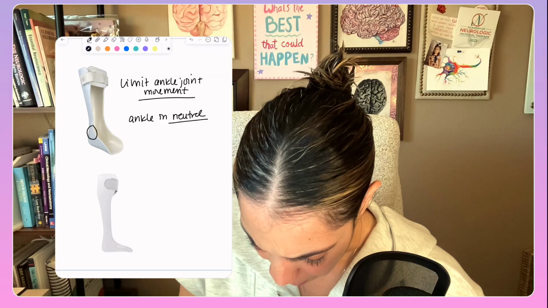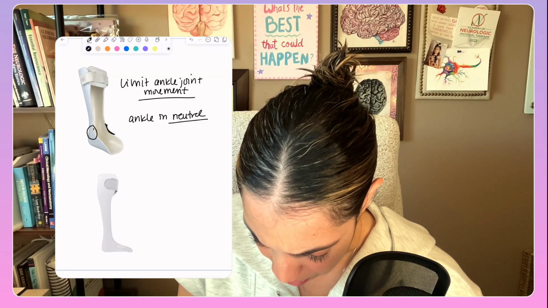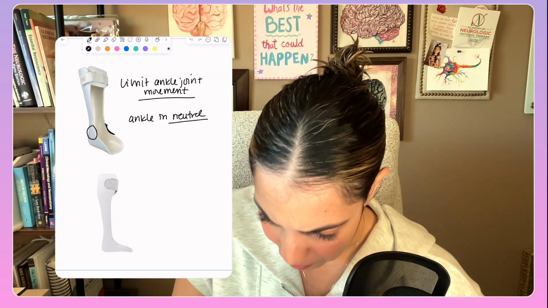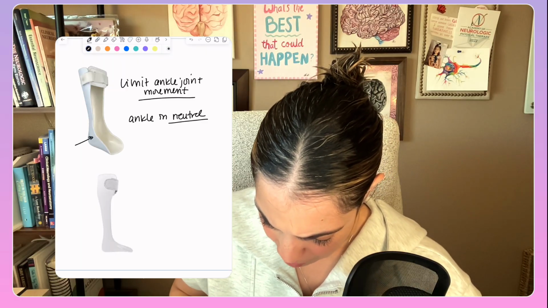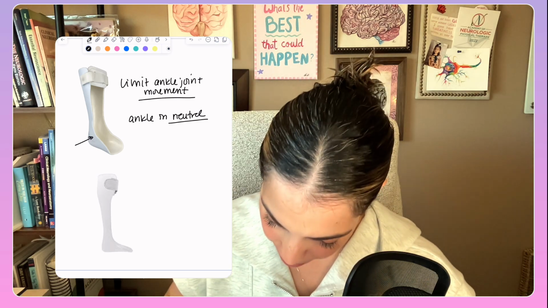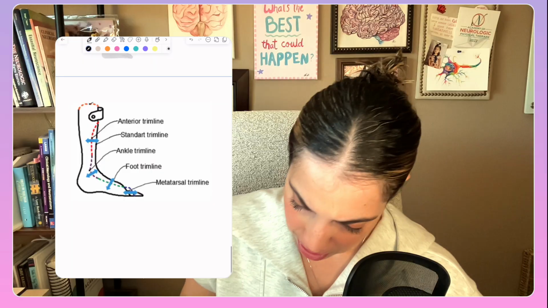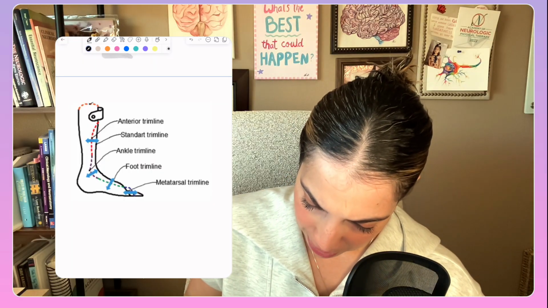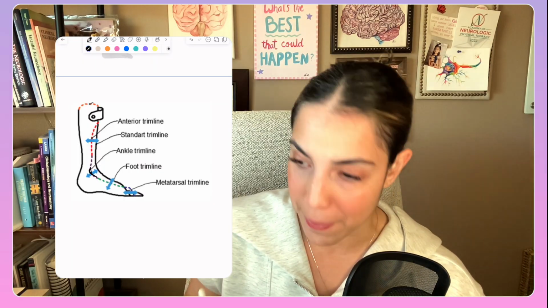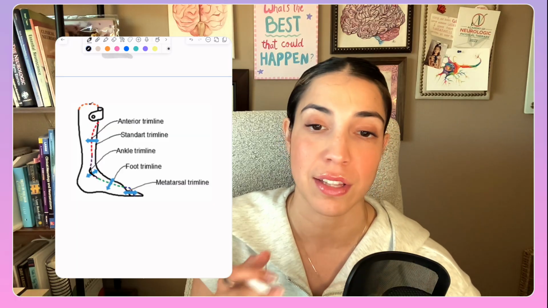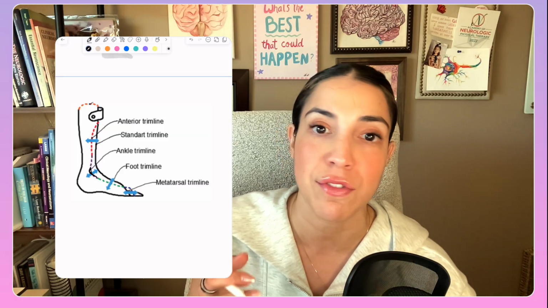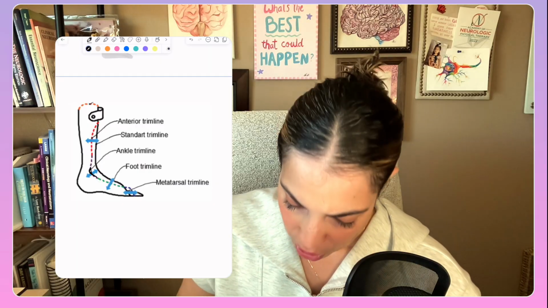These things right here, like this part, are called trim lines. The more anterior the trim line, the more ankle support. So you're going to see it here again, we have that ankle trim line right here. Some solid AFOs might have the trim line more forward if your patient has a lot of ankle instability or inversion, typically.